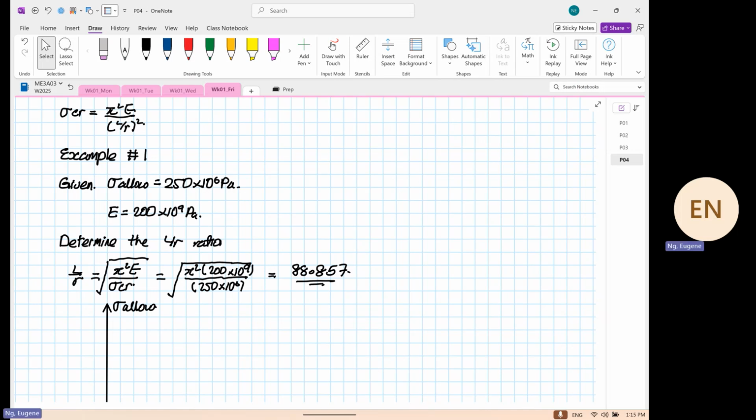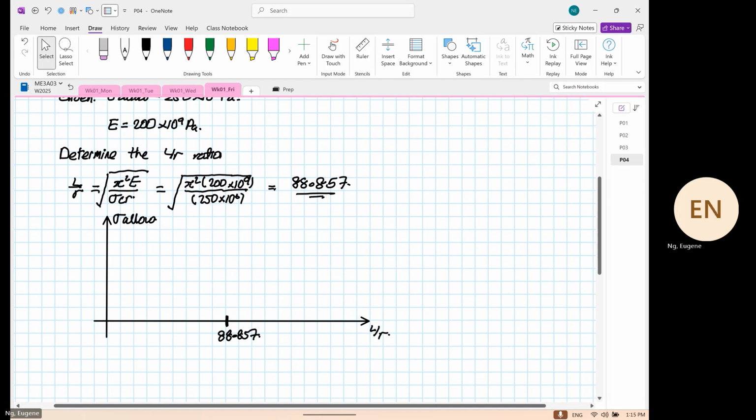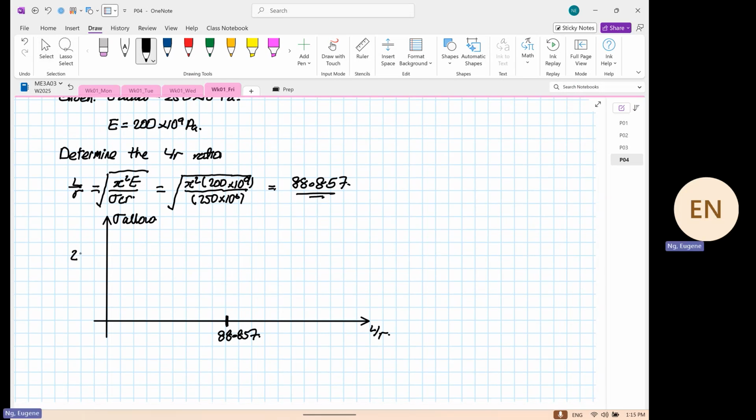So once you put this in, how does it look like? Over here, this is going to be at 250 megapascal. So the structure can withstand 250 megapascal.